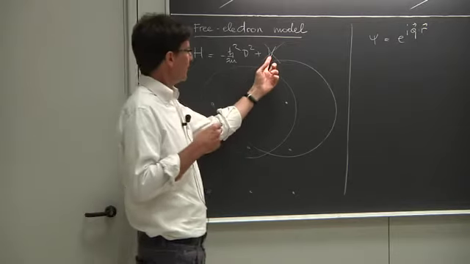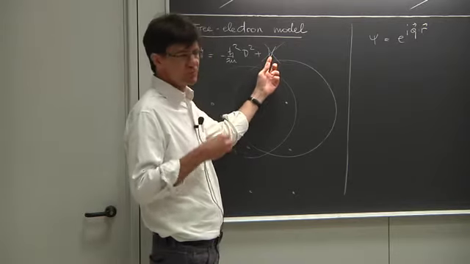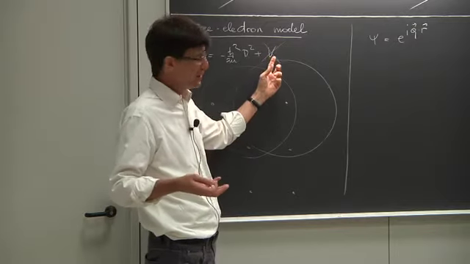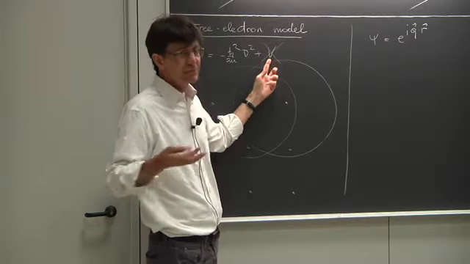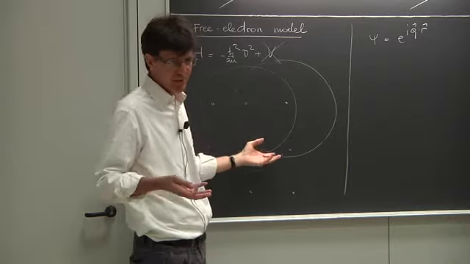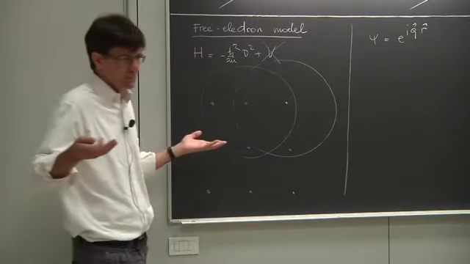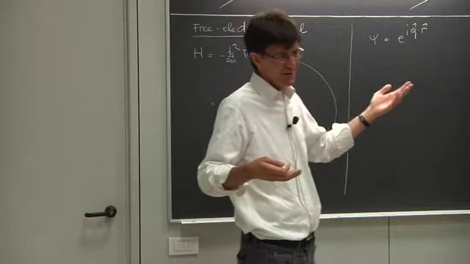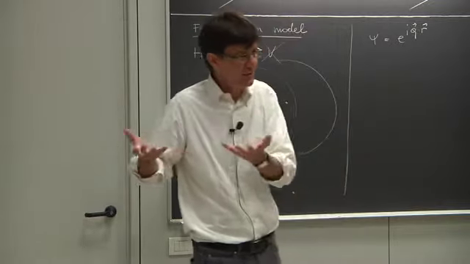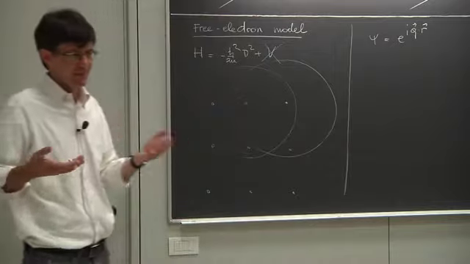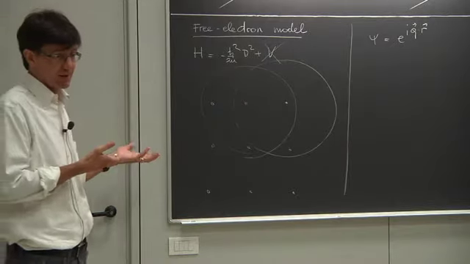Now, if V is periodic, the solutions must obey Bloch's theorem. V equals 0 is periodic and has the periodicity of this Bravais lattice, right? Constant. Why not? Of course, it has many more symmetries. It has a continuous symmetry.